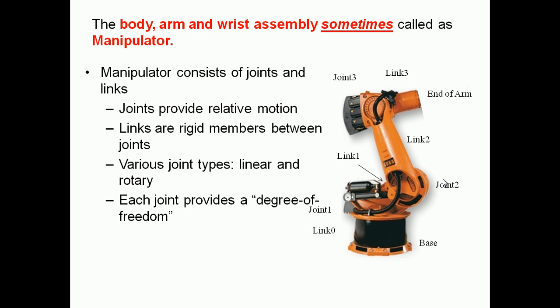Various joint types, that is linear and rotary, we have seen, and each joint provides a degree of freedom. As I told in the class, degree of freedom means number of independent motions. In this manipulator you can see a base, link 0, joint 1, joint 2, link 1, link 2, joint 3, link 3 and the end of arm.